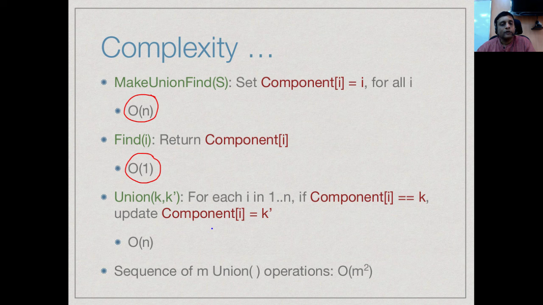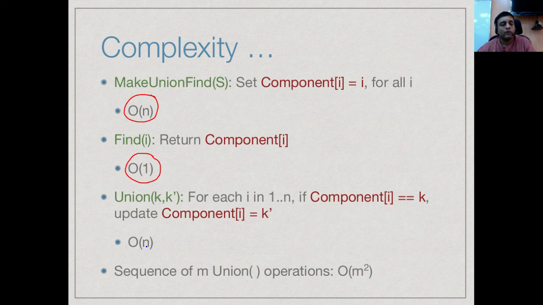On the other hand, union is a problem, because the way we have described union, we have to go through every node, check if its component is k, and if component of i is k, we have to update it to k prime. Right? So regardless of what the components k and k prime currently look like, we will have to scan all the elements and update those which are k to k prime. So this will take order n time for just one union operation, which is independent of the size of k and k prime as current partition sets.